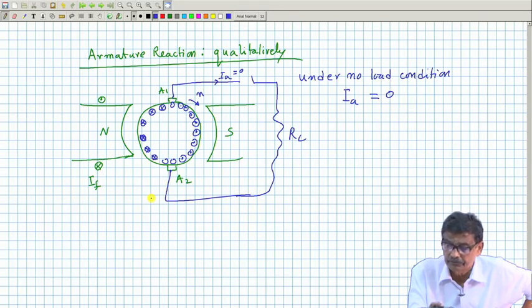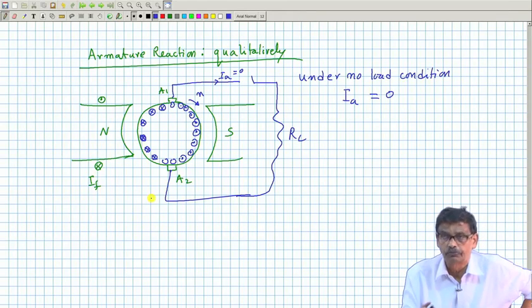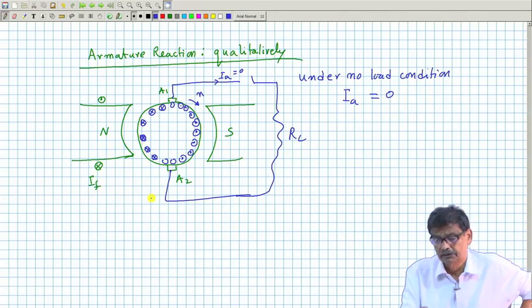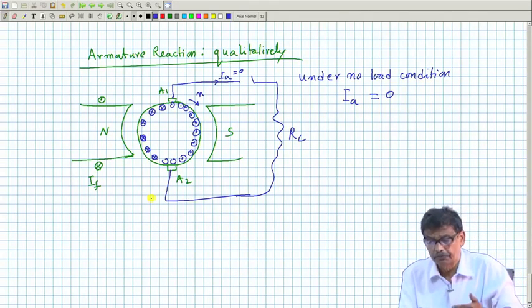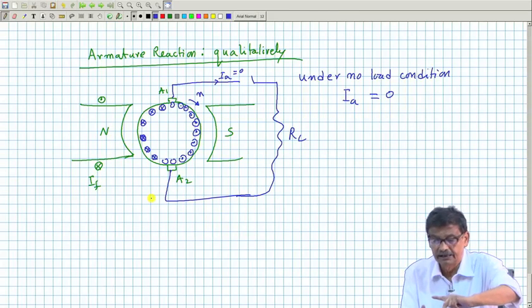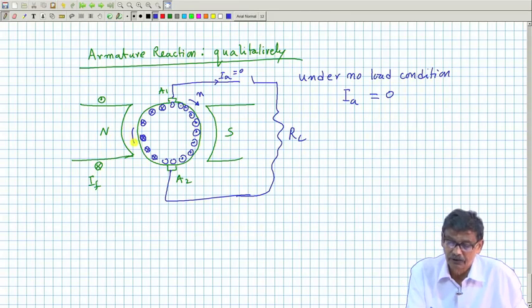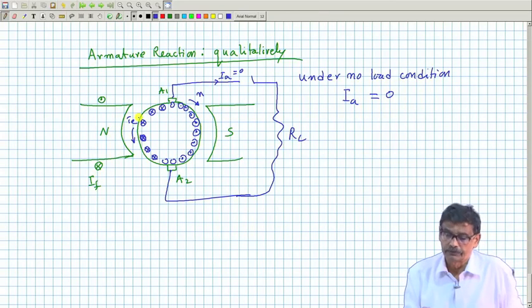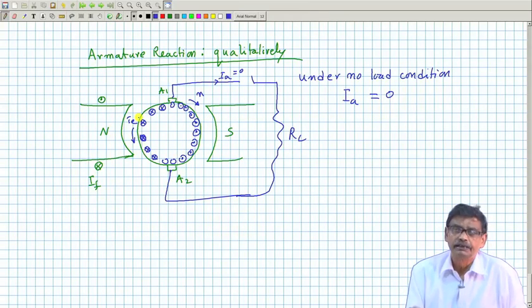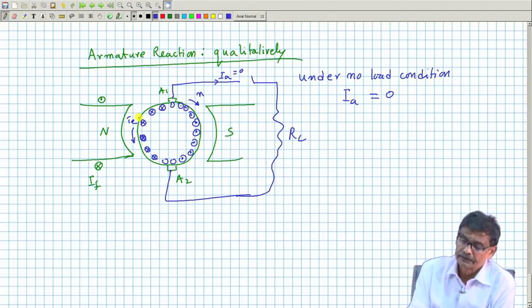That is, the direction of the current will also be cross under north pole, dot under south pole. It will be because the electromagnetic torque T E will be in this way, if you apply left hand rule. So, the current has to be in this direction.